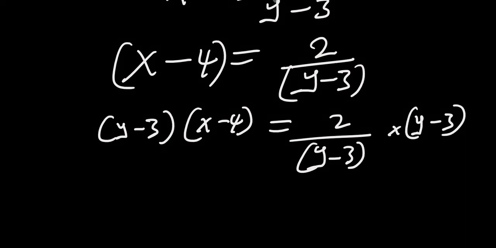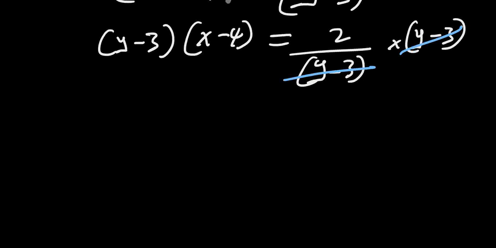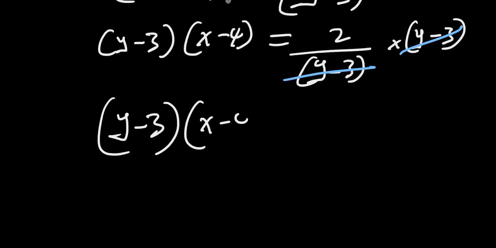So we cancel y minus 3 from here, and we're going to have y minus 3 times x minus 4 is equal to 2.